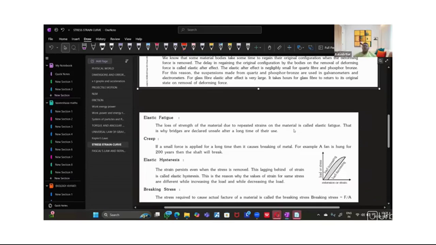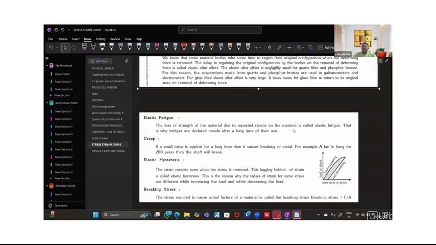If you are repeatedly causing deformation in a substance, its strength gets lowered. That is why bridges are declared unsafe after a long time of use, because every object in the world has a particular shelf life. When the shelf life is reached, elastic fatigue has scientifically been reached.